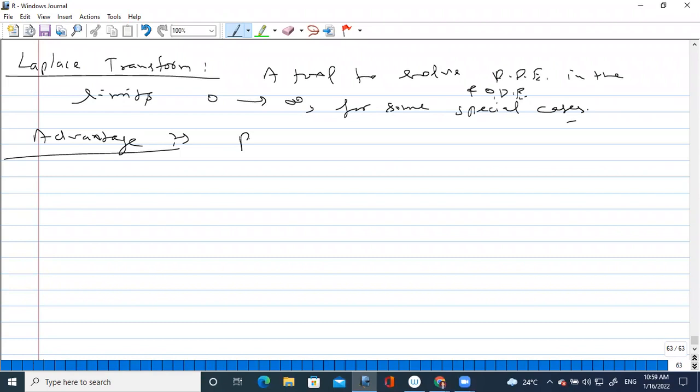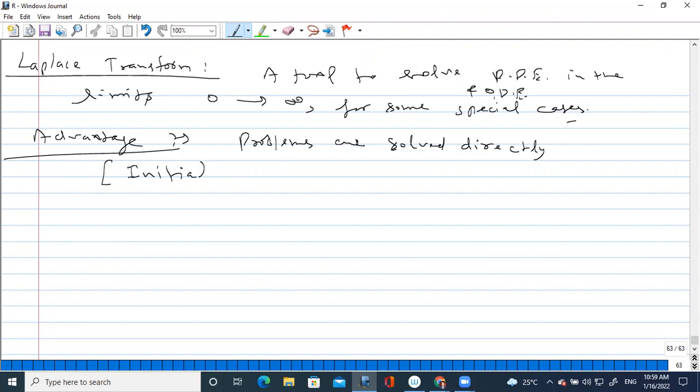So you can say that problems are solved directly. Just one formula will be given and your problem will be solved. And in initial conditions also, you can say that the initial condition, no need to apply separately.